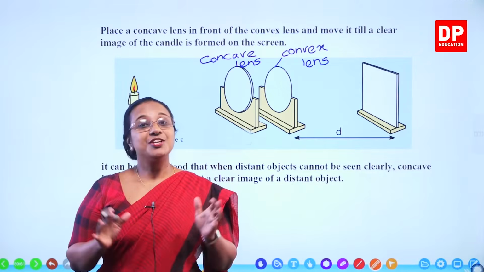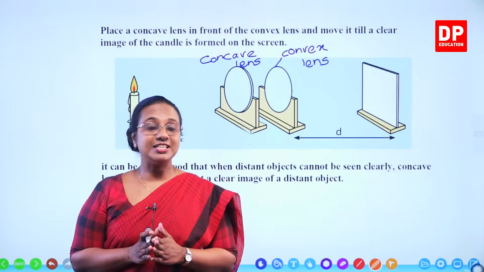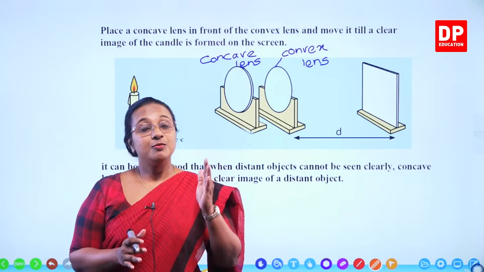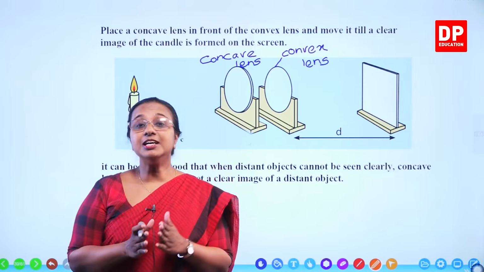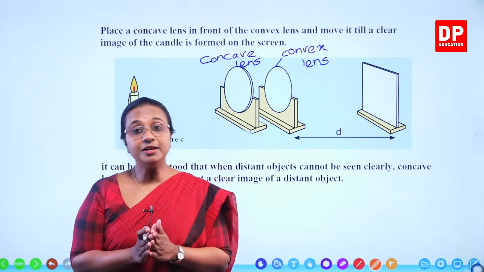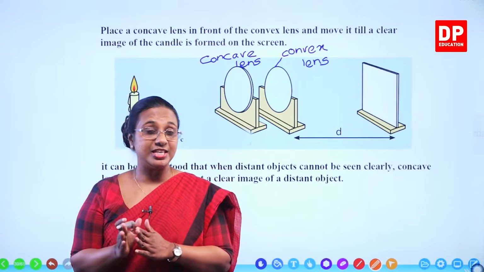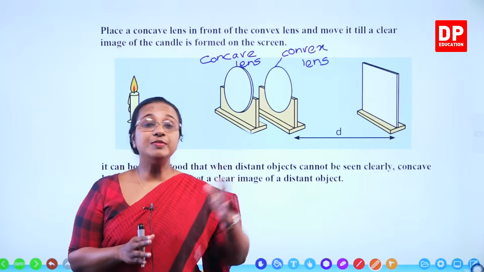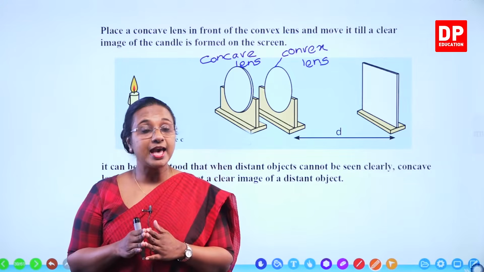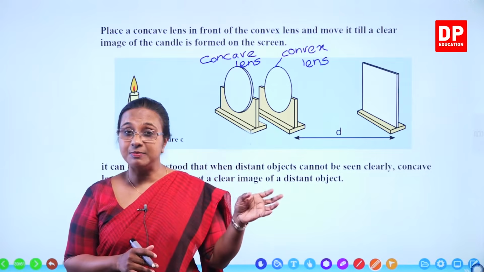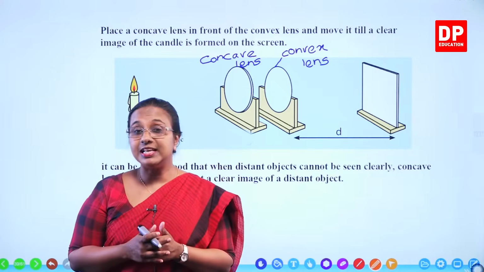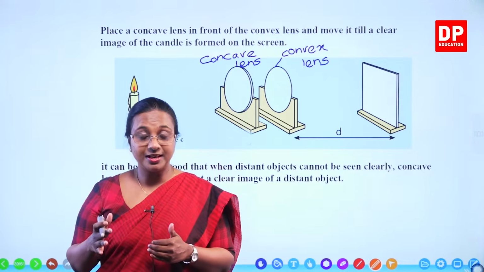Okay, students. So, did you all observe the activity clearly? Did you see what happened? Yes. When I had the candle, that's the close object, with the biconvex lens, you were able to see the image clearly. But when I tried to move the candle and also during the activity, I tried to focus the image of a distant object, a plant, you could not see the image clearly on the screen.